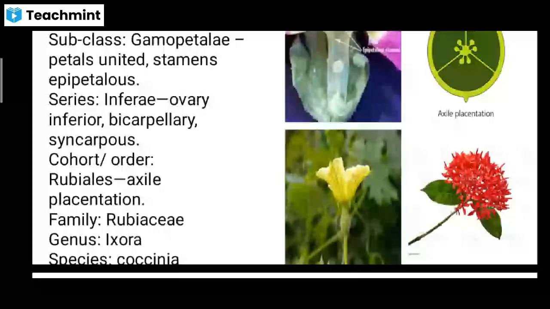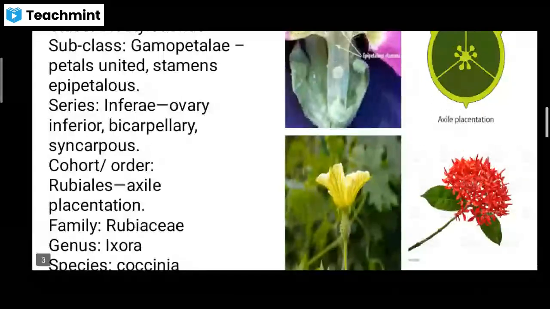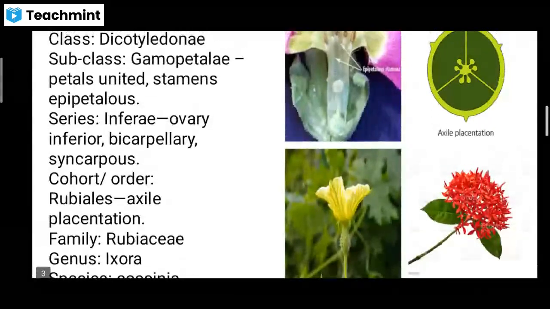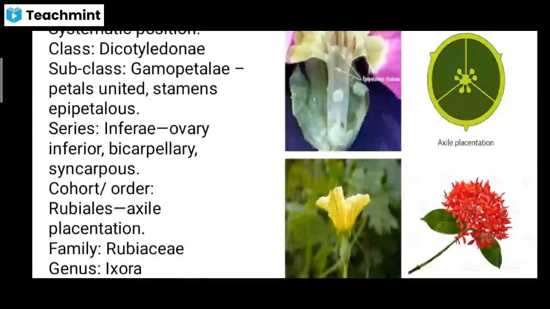Then next is about the cohort, which is also called order. It is in the order Rubiales and has axile placentation. Axile placentation, you have seen this picture. Here at the center the ovules are attached, at the central wall.